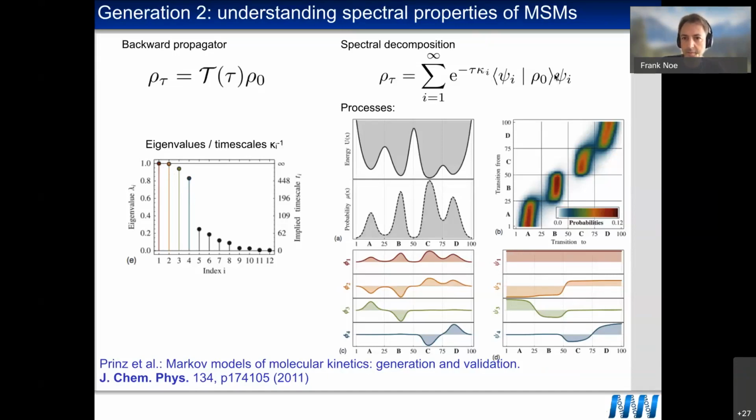And at this time scale, probability is shifting from AB to CD, or inverse. So if you're here on the left, then on the slowest time scale, you're going to the right. The slowest process is the one that goes across the highest transition state, which is intuitive in this picture.